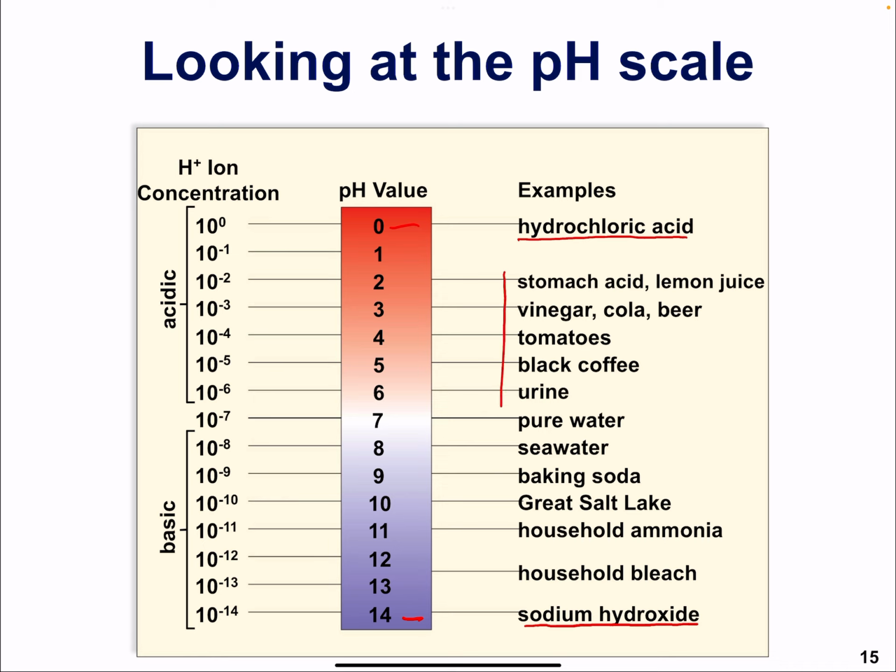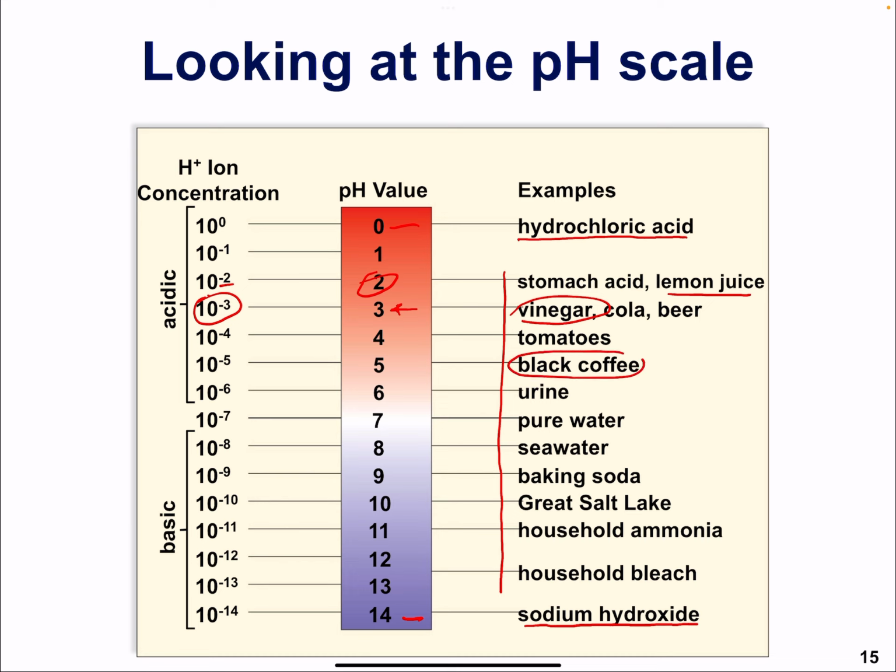In between, you are going to have a number of familiar situations. For instance, lemon juice is acidic. The pH is around 2, which means that the concentration of hydrogen ion is about 10 to the minus 2. Vinegar has a pH of 3, which means it is acidic. The concentration is 10 to the minus 3.